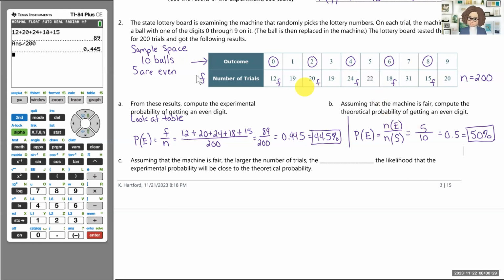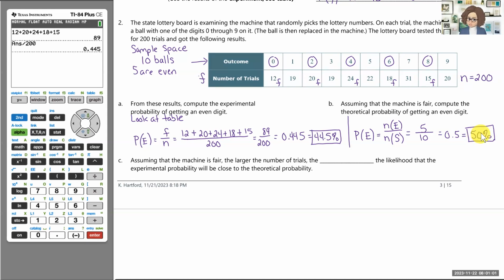So if the machine were fair, we should expect it in theory to pick an even ball 50% of the time, half the time. All right, but when we did our experiment, we did not get an even 50% of the time. We got an even ball 44.5% of the time. So we don't have an exact match here. Part C says, assuming the machine really is fair, so even and odd digits are equally likely, 50%, 50%.